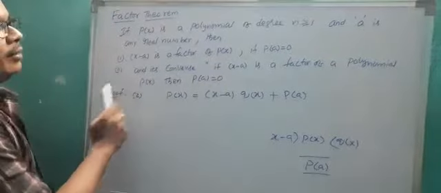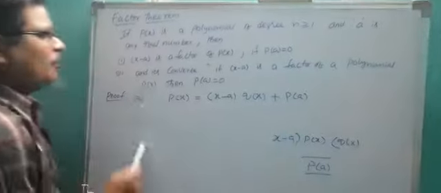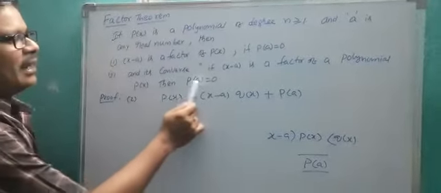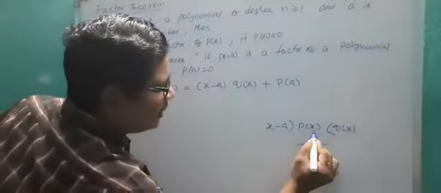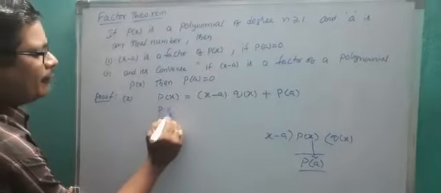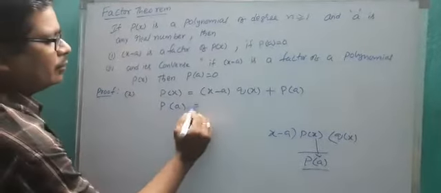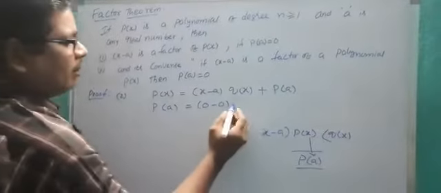Second one: what is that? If x minus a is a factor of the polynomial p of x, then p of a equals 0. That means instead of x you have to substitute a.